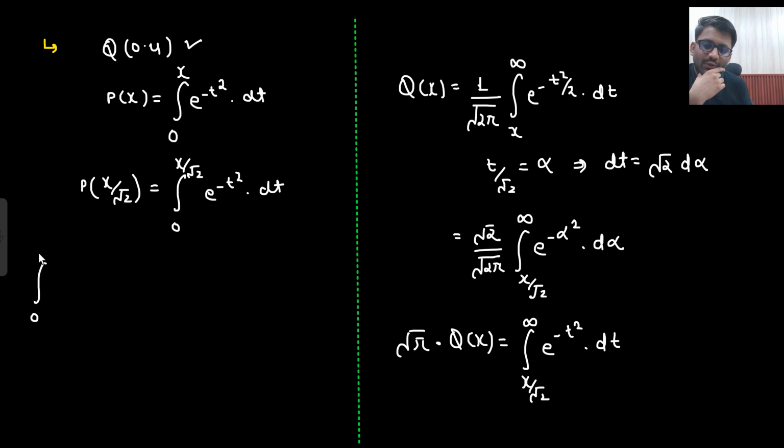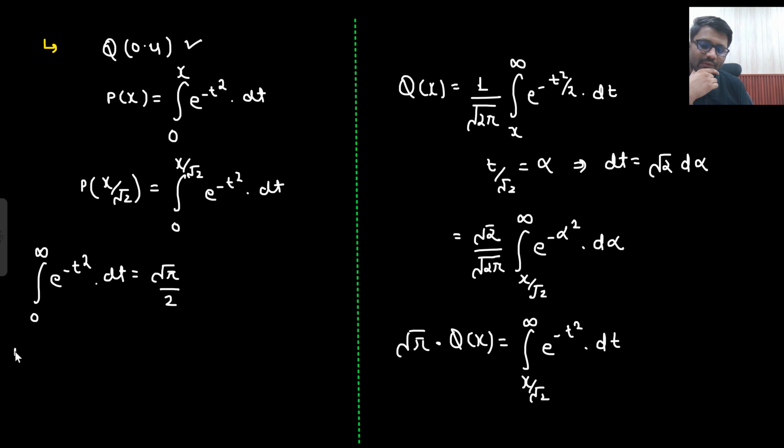Now I know that from 0 to infinity e to the power minus t square dt will give under root pi divided by 2, right? Because from minus infinity to infinity it would have given under root pi. But now the limit is half, so under root pi divided by 2.